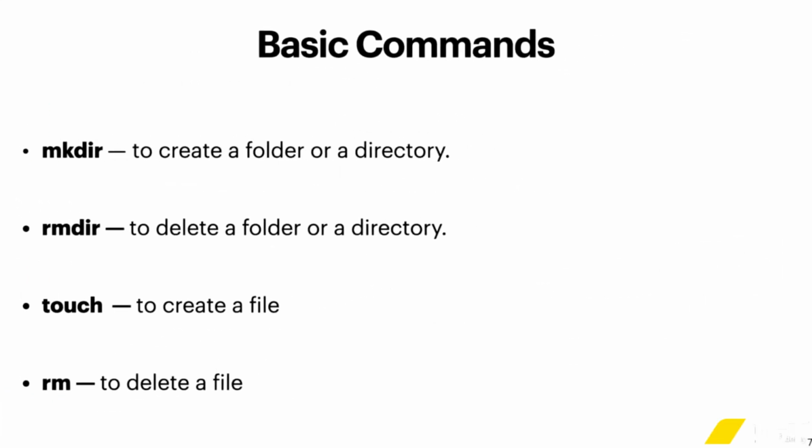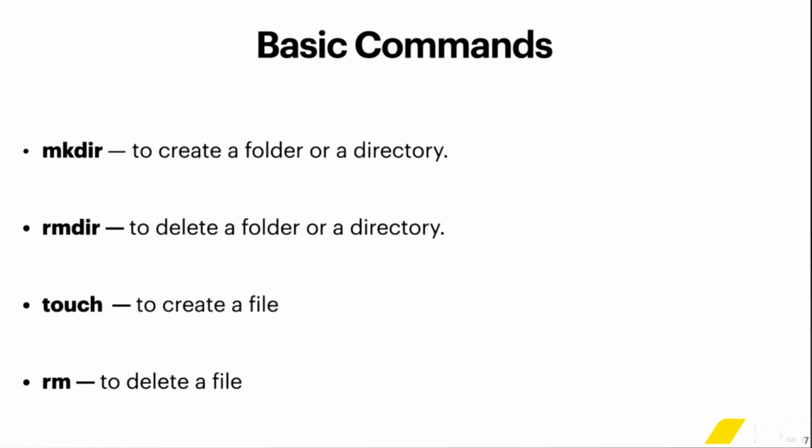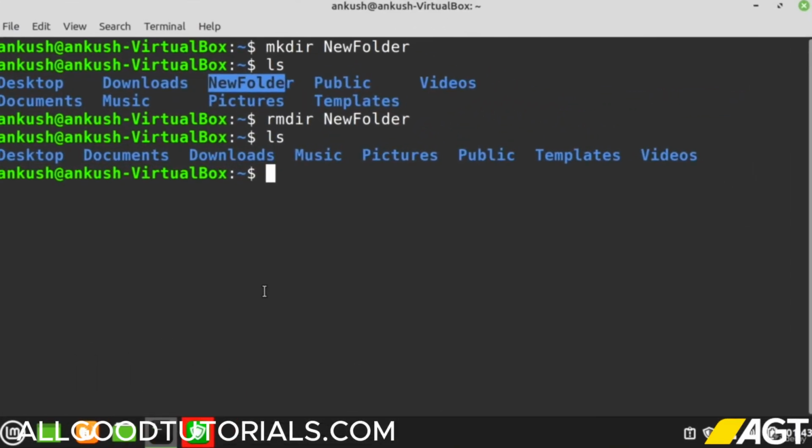We just saw how we can create folders and how we can remove folders. Now let's see how we can create files. We will use the touch command to create files. I will simply write touch space name of the file I want to create. Let's create file1, and whenever we are creating a file, we need to give the extension of the file. I'm creating a text document, so let's write .txt and press enter.